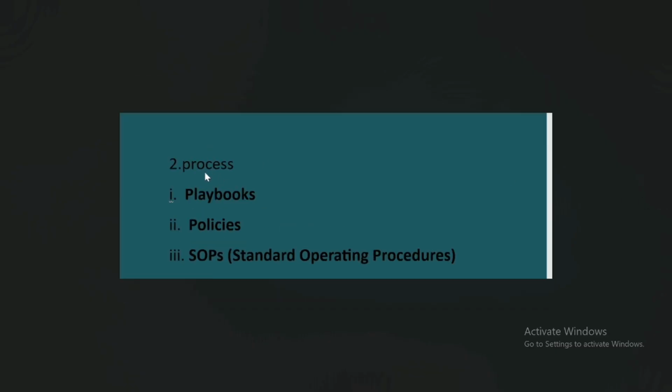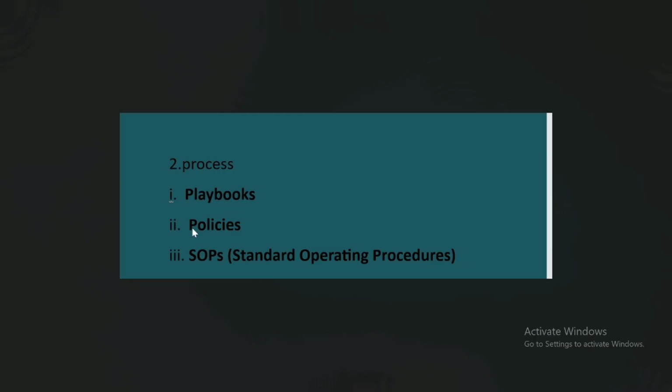Now under the process, we have the playbooks, we have the policies, and we have the SOPs, which is the standard operating procedures. All right. Now the playbook is a scenario-based guide that tells the SOC team what steps to take when responding to a specific type of security incident. All right.